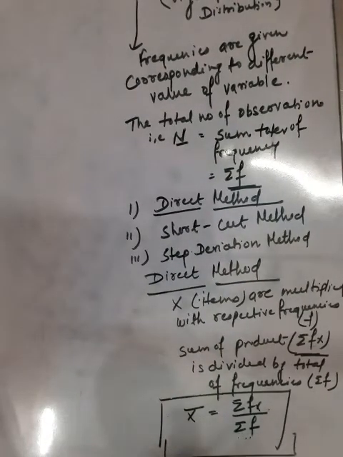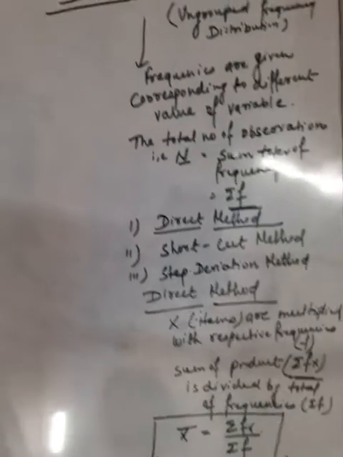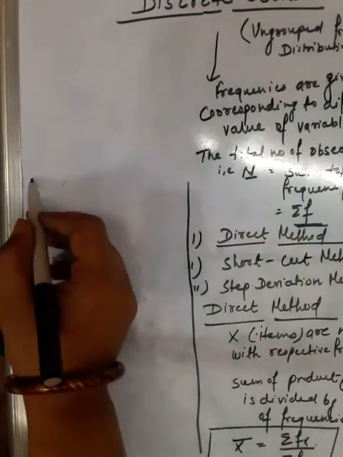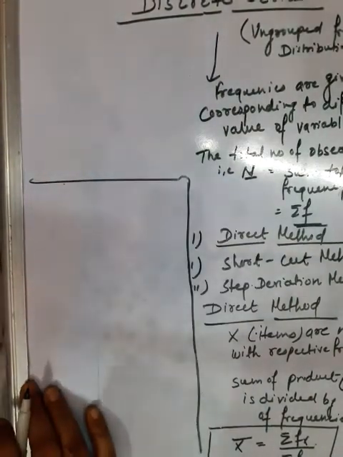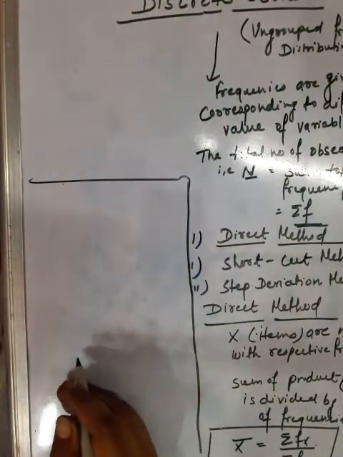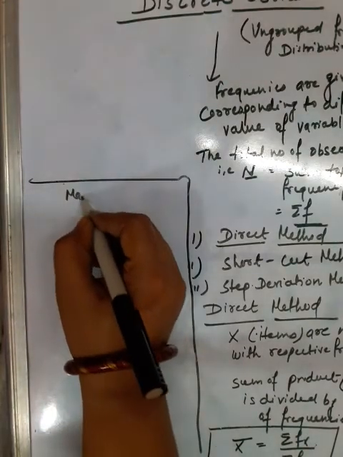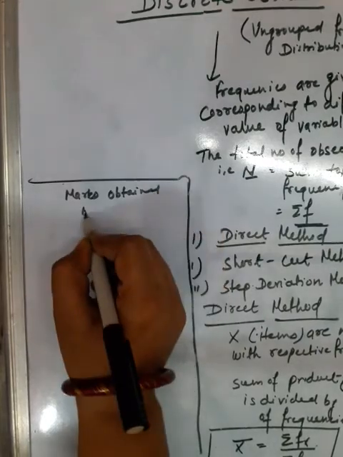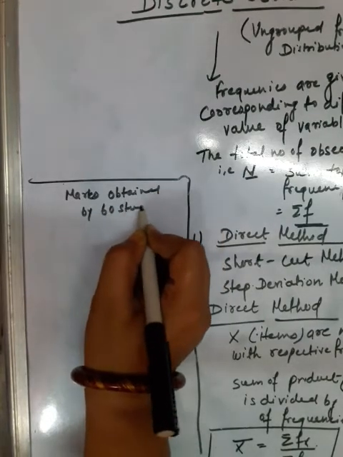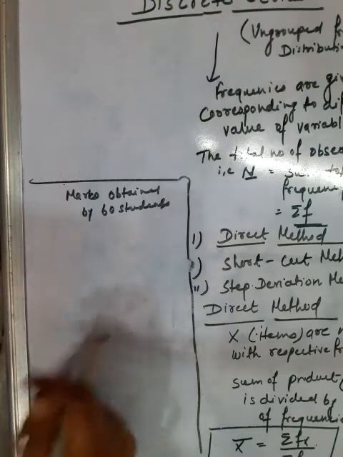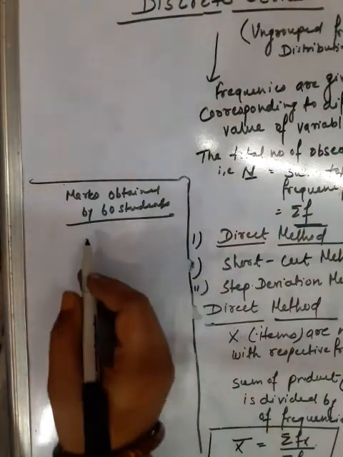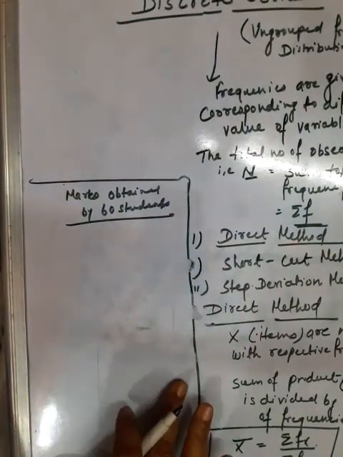I will help with calculation of a simple data. Suppose I have data of marks obtained by 60 students of a class, and we have to find average marks, means mean, by the direct method.